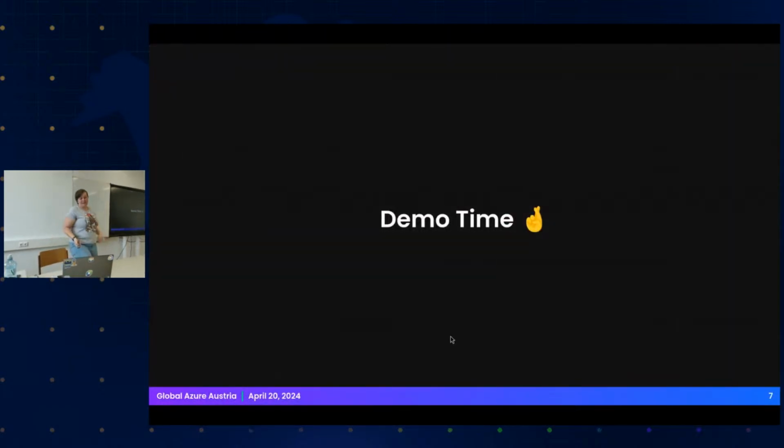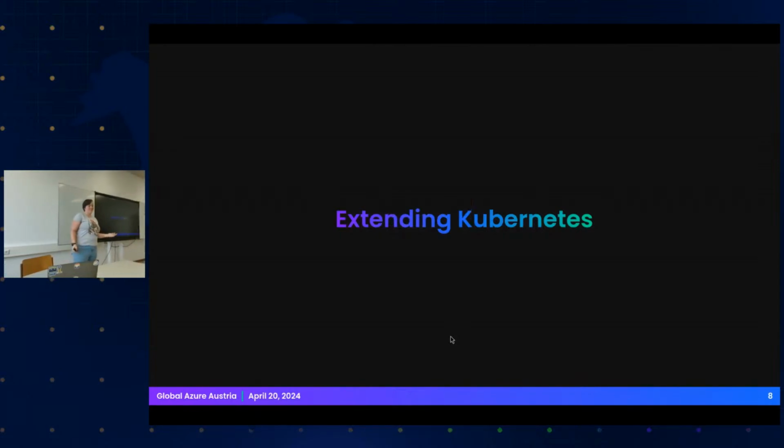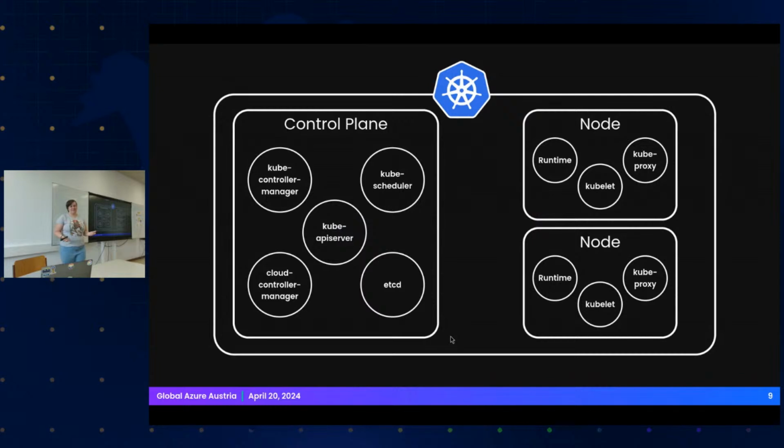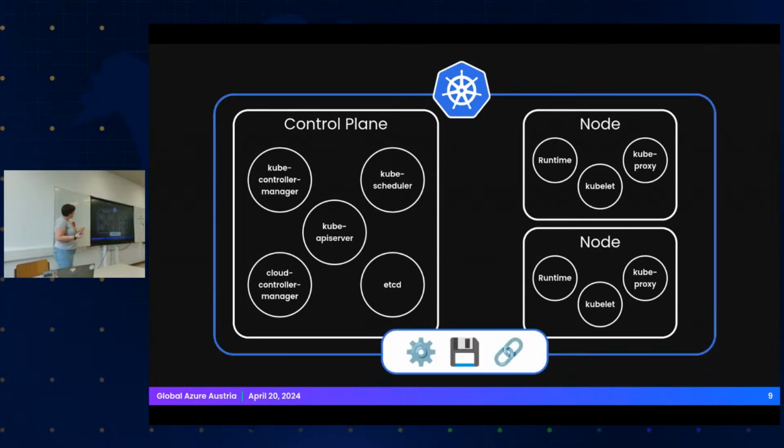So let's continue and let's see how we can actually make this more interesting and how we can extend Kubernetes. First of all, let's take a look at our architecture again. You know this, we've seen the nodes, we've seen all the components running on there. Of course, the control plane is running on a node as well. But how can we now extend this? First of all, we can install lots of plugins. We can install device plugins, for example, if you want to handle GPUs or something like that.